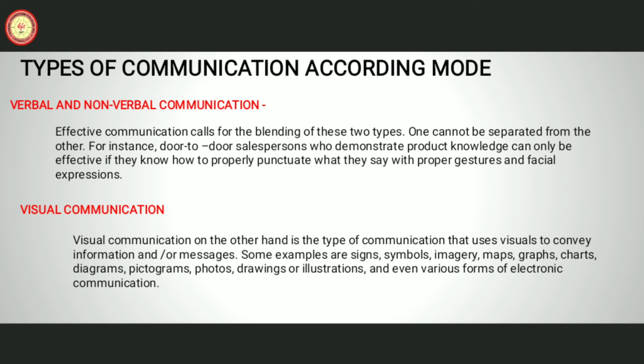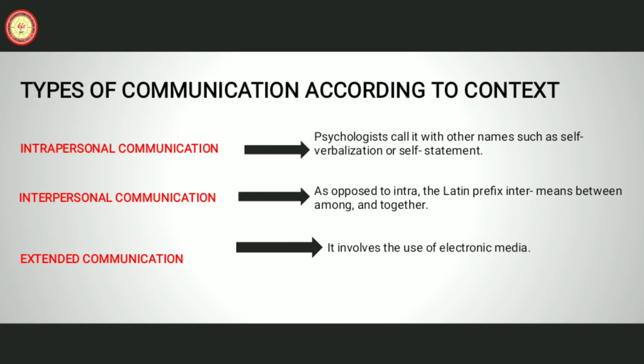So more of our clients, our netizens, citizens right now are involved with the use of gadgets. It is then important that the receiver of the message is able to decode the meaning correctly by contextualizing the information received. So we're done with types of communication according to mode.